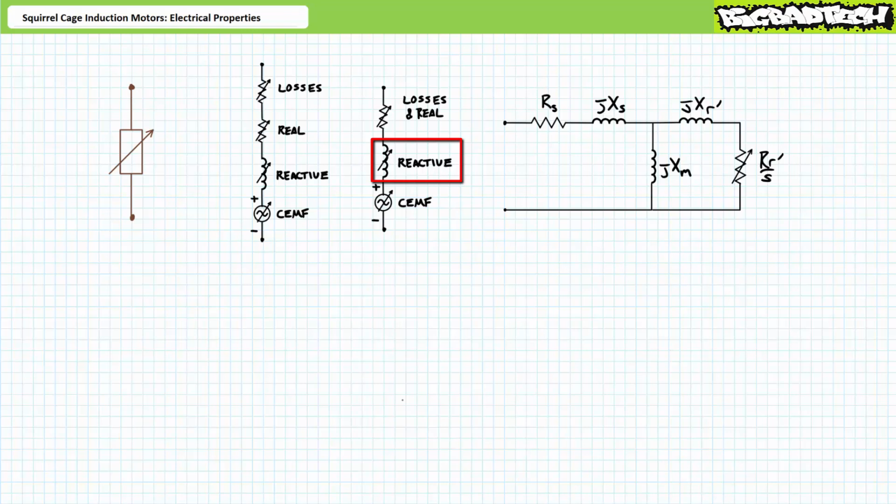Although this power doesn't go towards useful output, but is rather cyclically exchanged with the supply, it's an absolutely necessary component of motor operation. Without it, the motor would just sit there and do nothing, kind of like your lab partner. All these components are representative of a motor's operational state on the speed-torque curve. At certain points, the reactive power can be greater than the real portion, and at other points, vice versa.